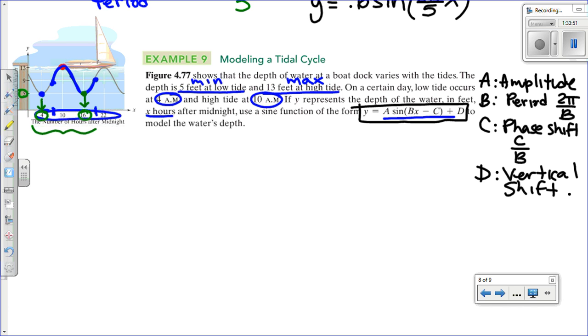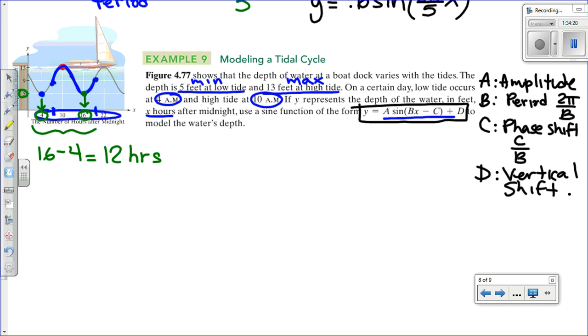So what I can do is take 16 and subtract 4. And so that will give me 12, more specifically 12 hours.